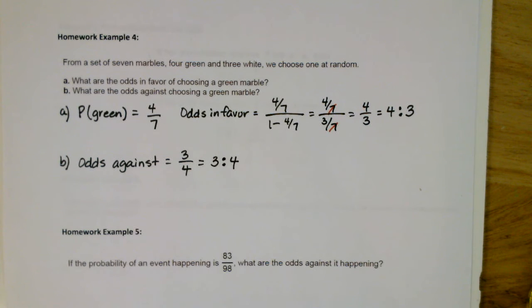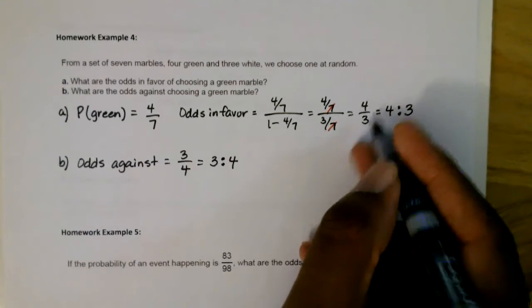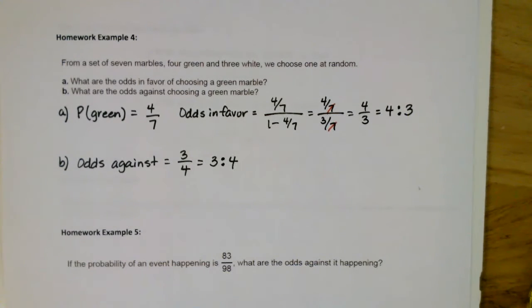So the odds against choosing a green marble would be 3 to 4. All I did there was just take the reciprocal, because the reciprocal of odds in favor would be odds against, and the other way around. Okay.